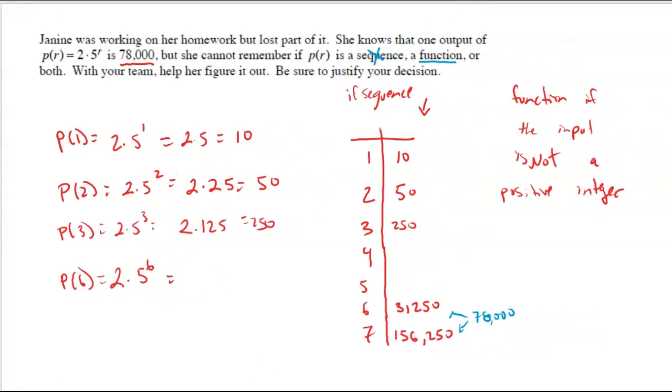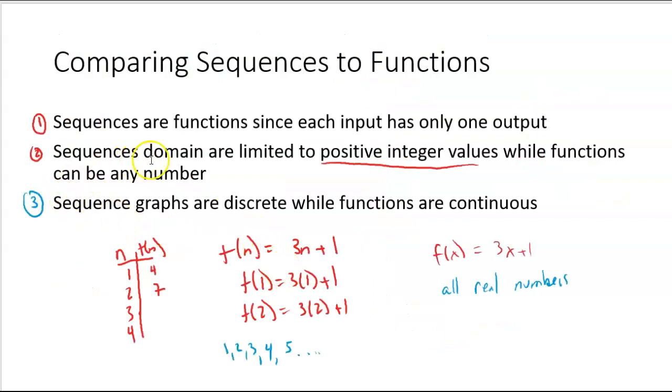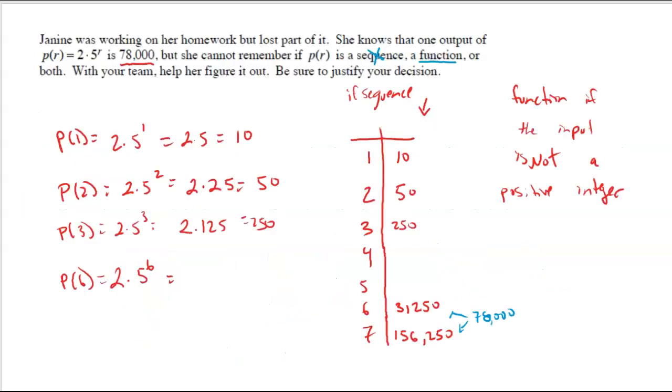Okay, because again, it all comes back to what are you plugging in, right? Sequences have domains of positive integer values, 1, 2, 3, 4, while functions can take any number we can use.